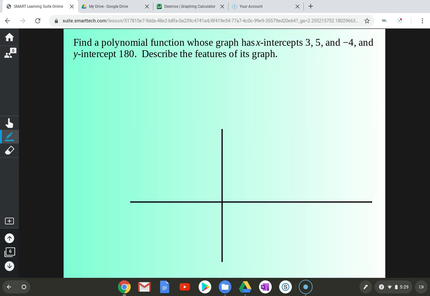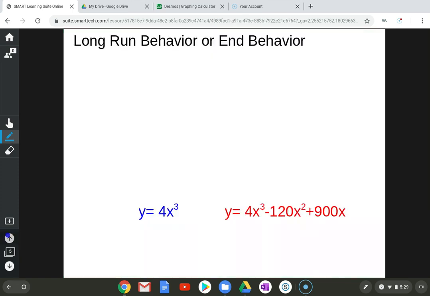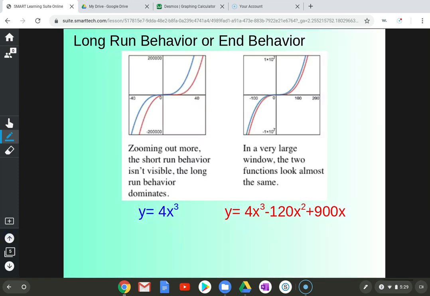All right. Find a polynomial function whose graph has x. I think I'm going to back up and say one more thing about end behavior. So we talked a little bit in the past. I can't move this over, but I'm going to write down here. So when we were talking about end behavior a couple days ago, we said as x approaches infinity, what does y approach?